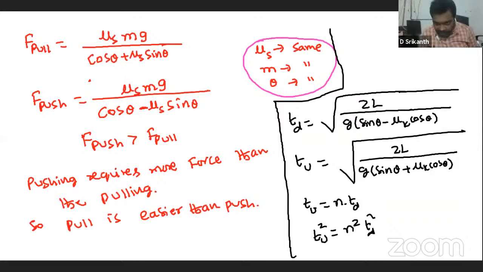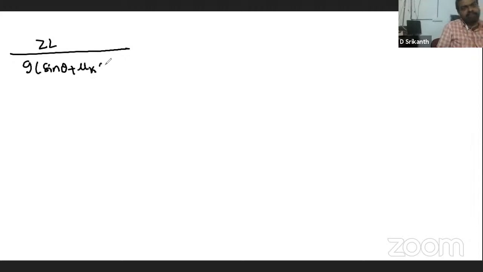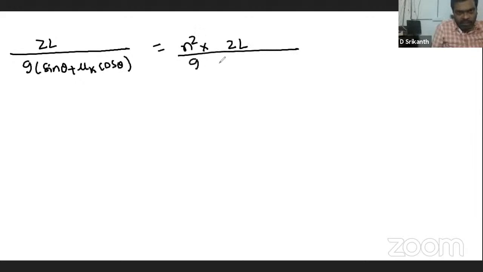So 2L by g into sin theta plus mu k cos theta is equal to n square into 2L by g into sin theta minus mu k cos theta.